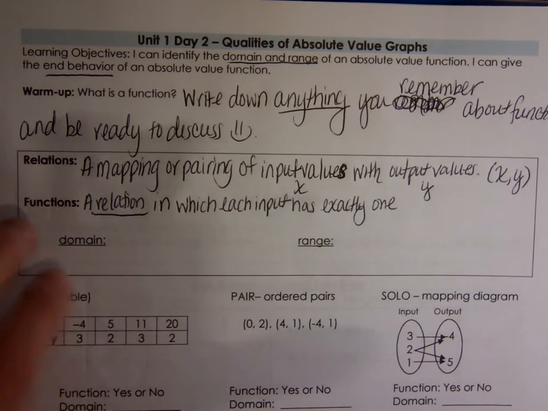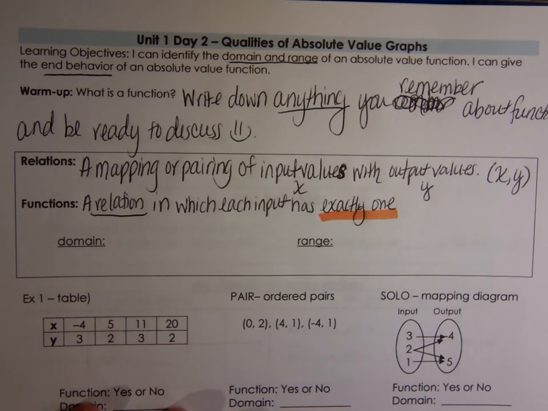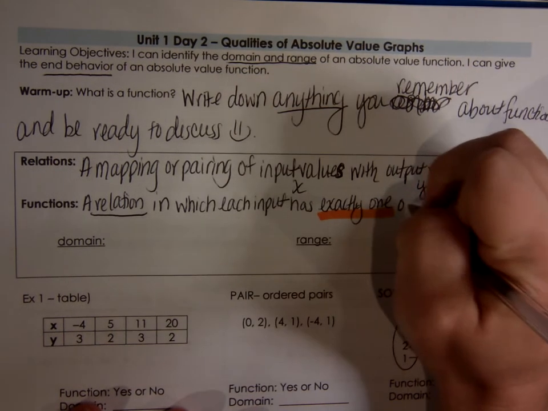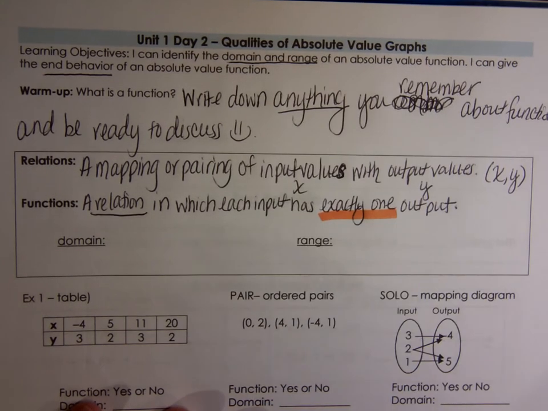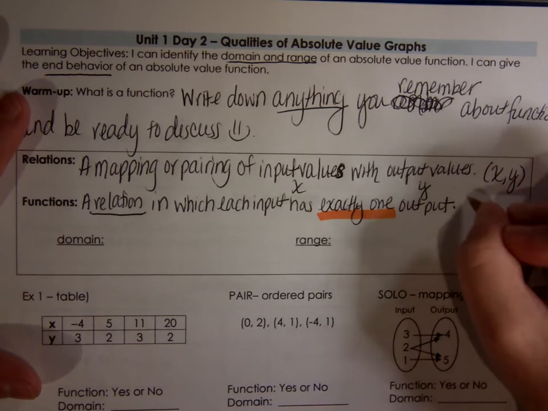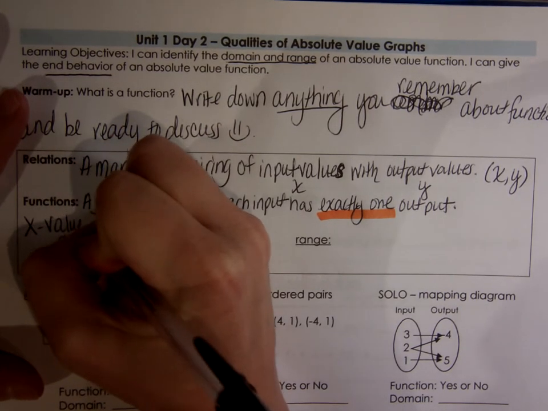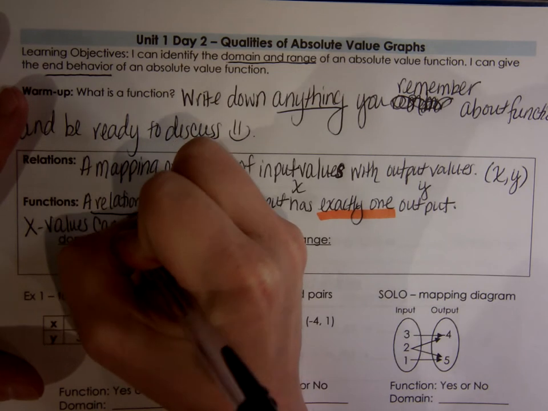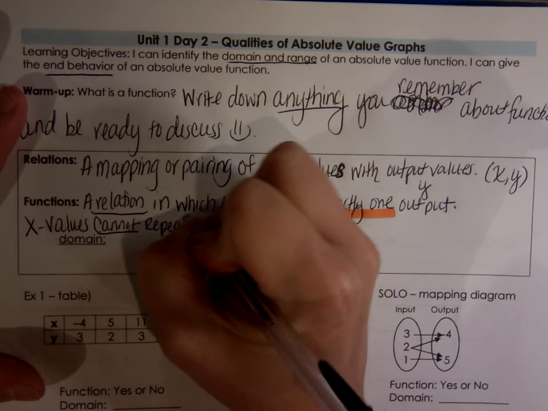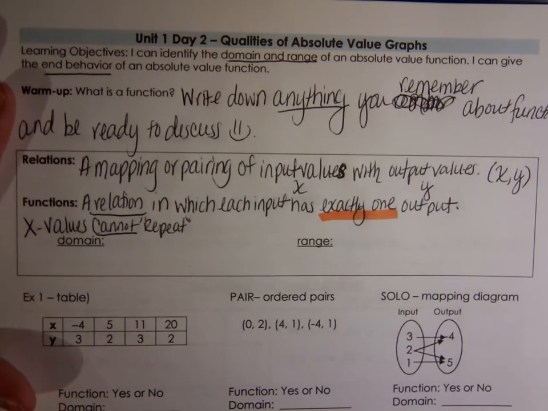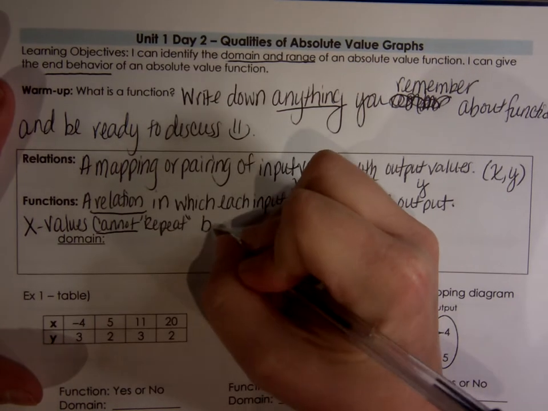And I'm going to emphasize the exactly one output. This means that in a function, the X values cannot repeat, and I'm going to put that in quotes, meaning like you see two X values that are the same, but the Y values can repeat.